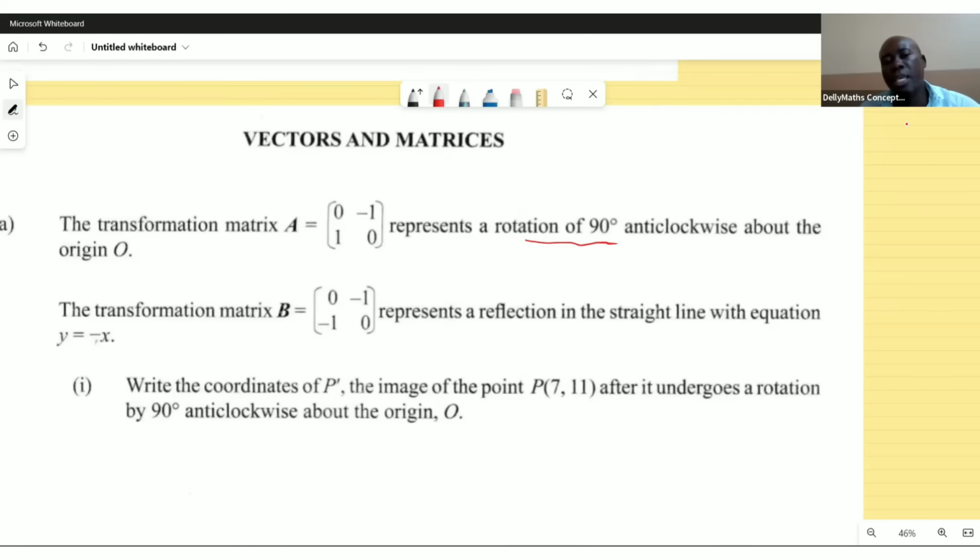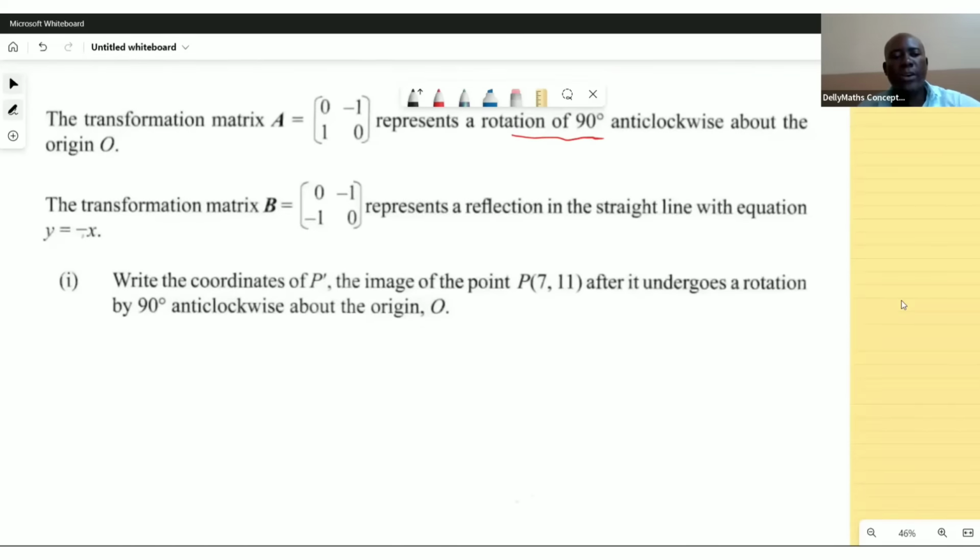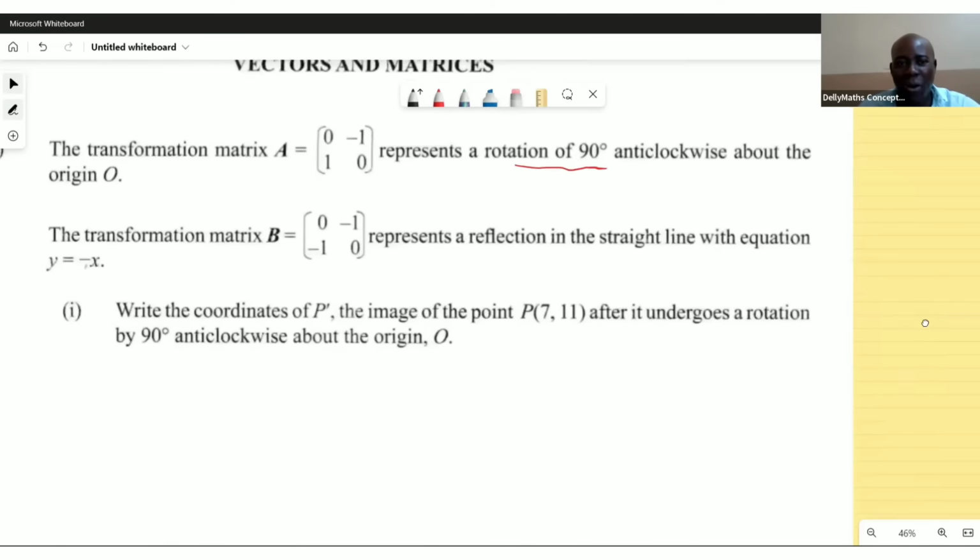The transformation B is 0, -1, -1, 0, which represents a reflection in the line with the equation y equals negative x. All right, no problem. Now it says write the coordinates of P prime, the image of P, after it undergoes a rotation of 90 degrees anticlockwise.